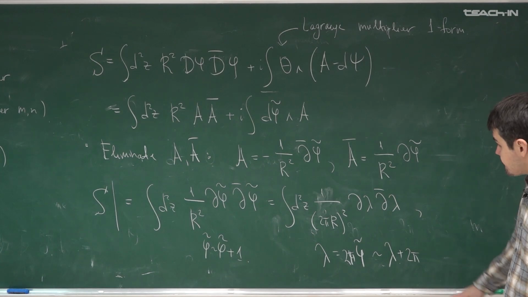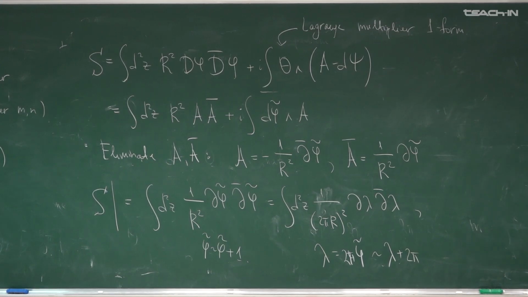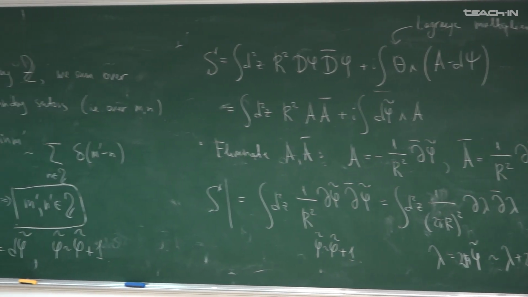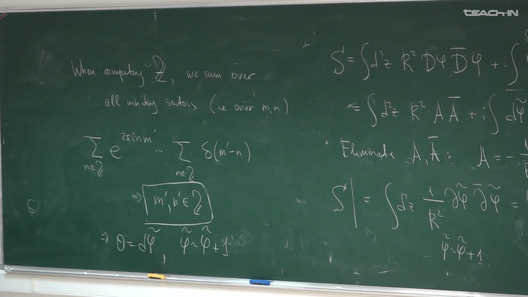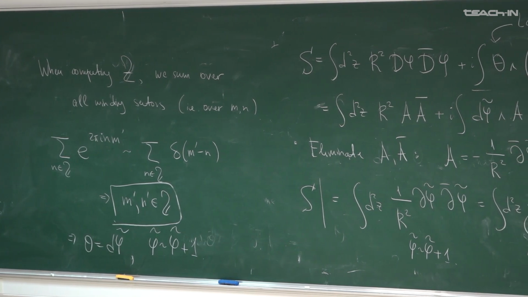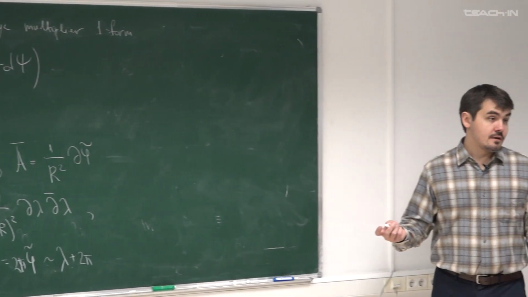Sorry, can you repeat? How did we understand that the form equals the differential of phi tilde? No, it's just a notation, if you like. You have a form whose winding is an integer, right?